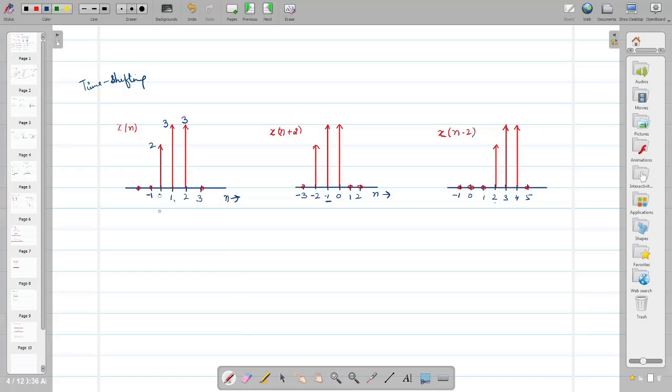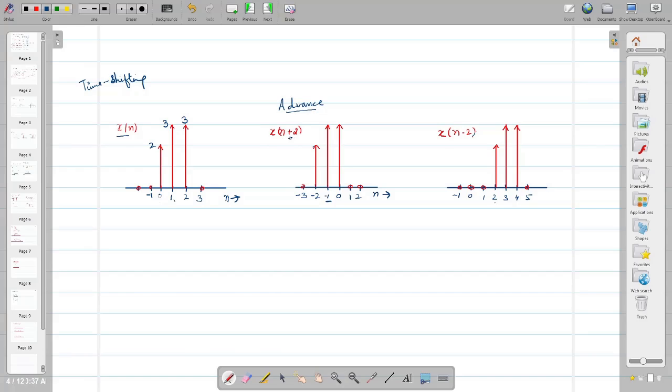For that, consider an example where x[n] is represented by three non-zero sequence components, 2, 3 and 3. Now we have to calculate the advanced version of the sequence by 2. The representation is x[n plus 2].